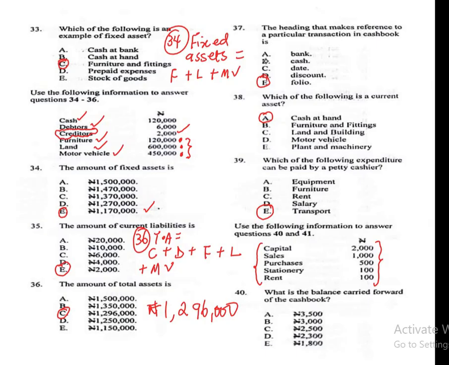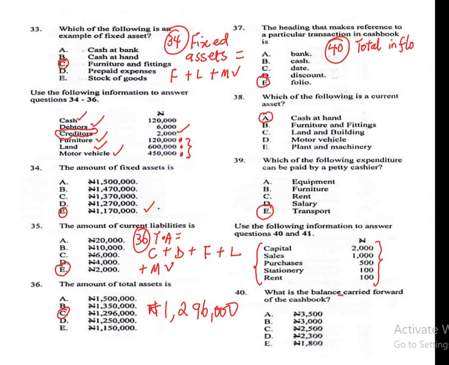Question 40, let me solve it up here. The question says, what is the balance carried forward of the cash book? So the first thing we need to do is to calculate the total inflows.